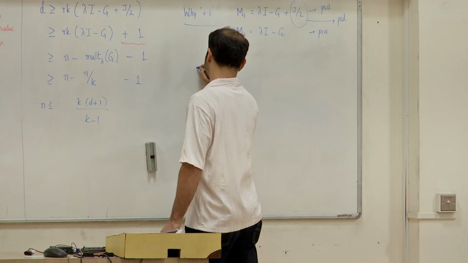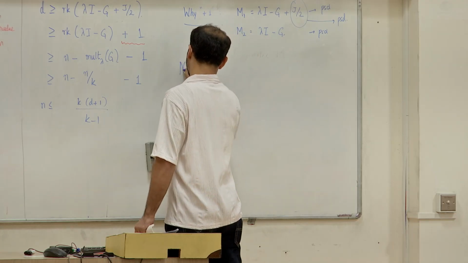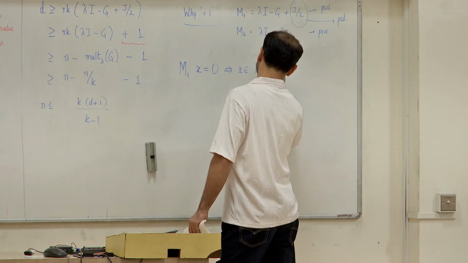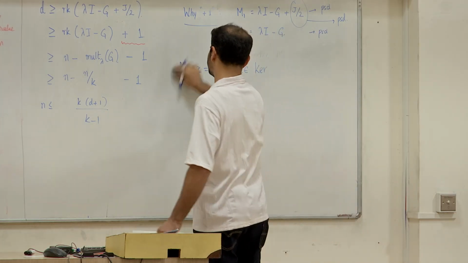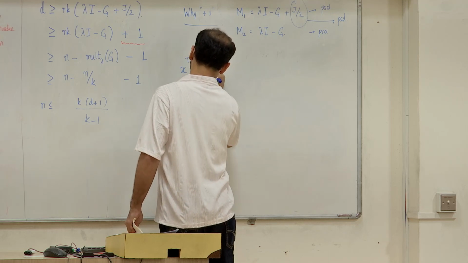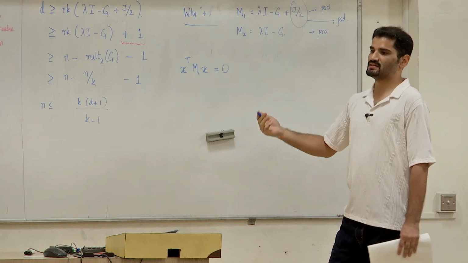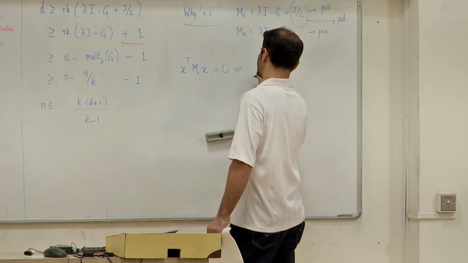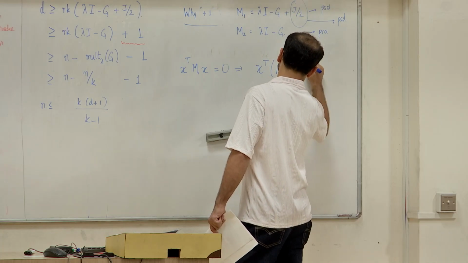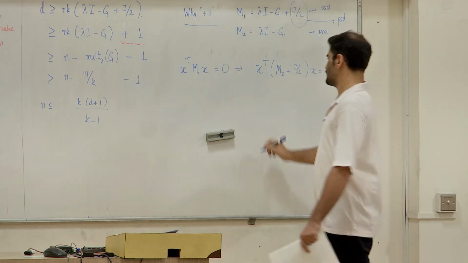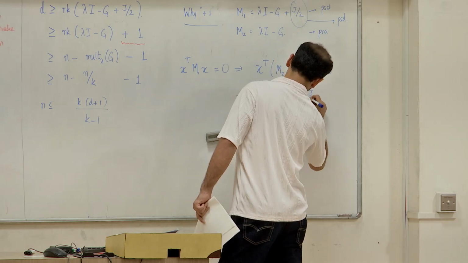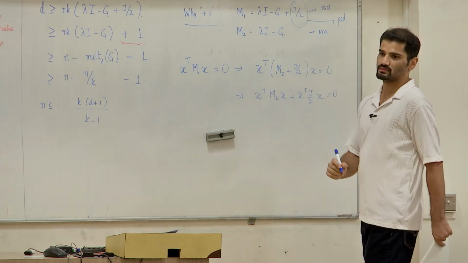Now let's see what happens if M1 x is 0. Then x is in the kernel of M1, so x transpose M1 x is equal to 0. It's in the kernel if and only if this is 0. This implies that x transpose M2 x plus x transpose J over 2 x is 0.